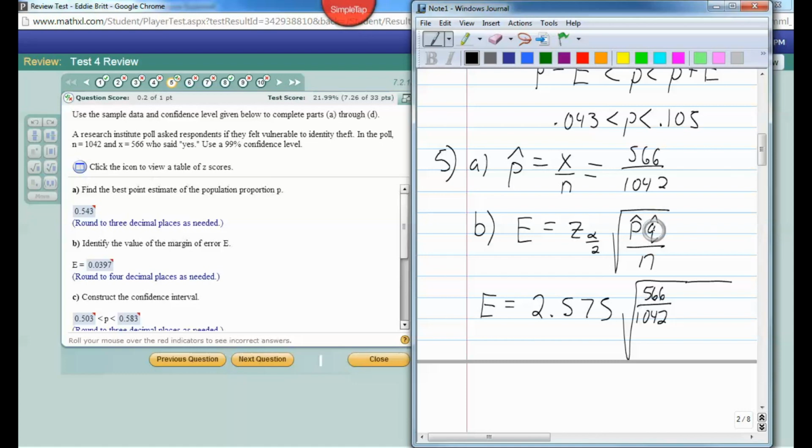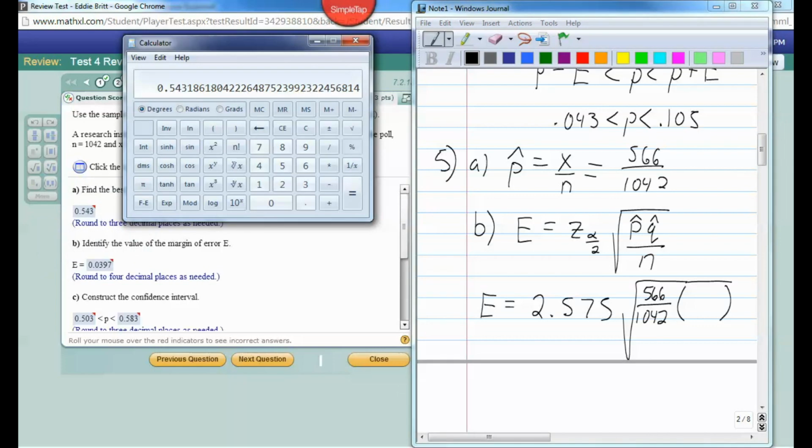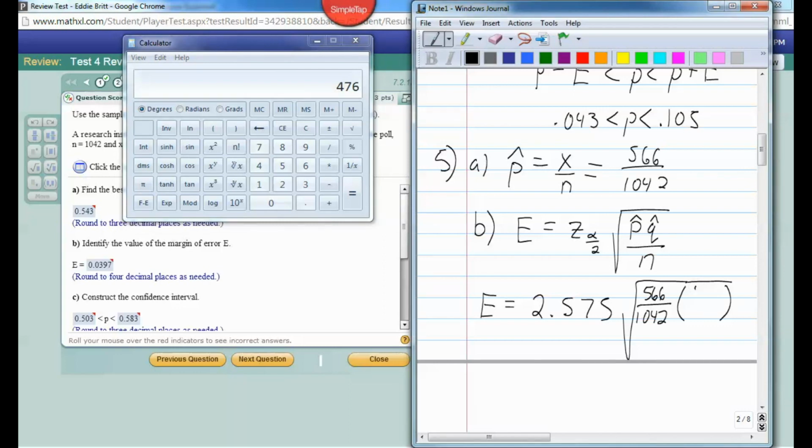Q hat is 1 minus p hat. We basically just say 1042 minus 566, and that gives me the numerator, 476 over 1042. That's q hat, divided by the total, 1042.